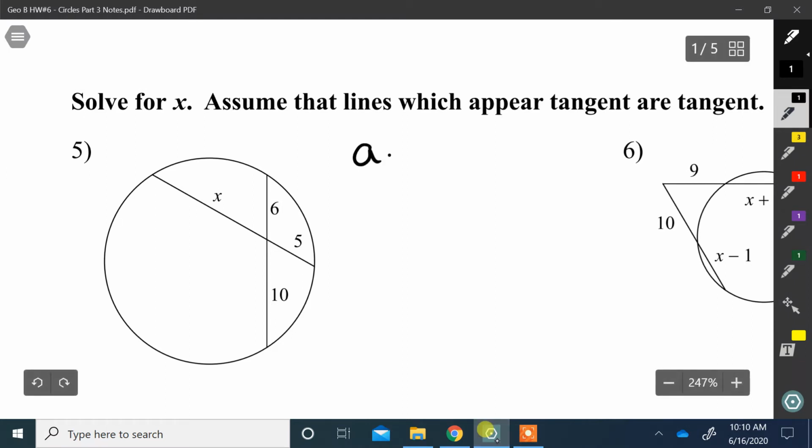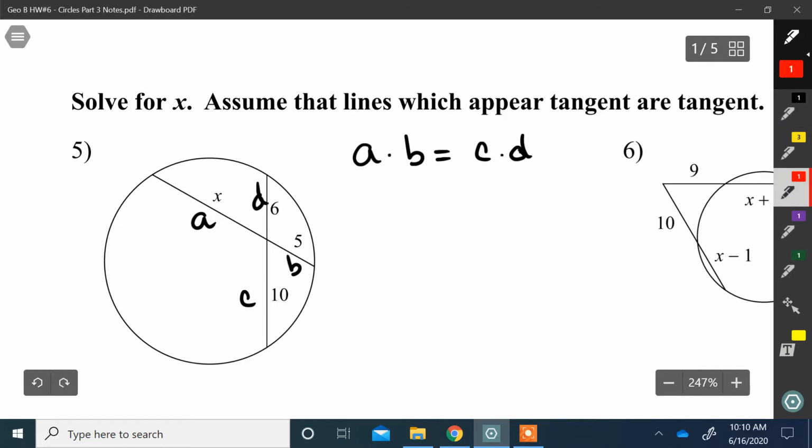So we know that this formula is A times B is equal to C times D, where the A and the B, the C and the D. You could say, oh, Mr. Ordonez, how do you know that this is A and that's B? Well, you can also say that this is A and this is B, as long as they're on the same line.